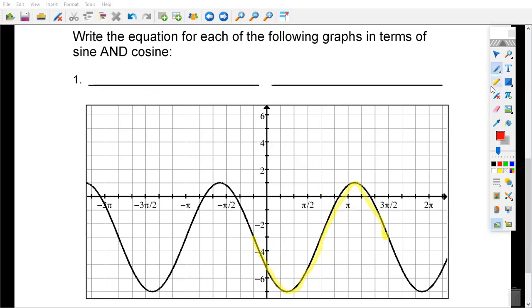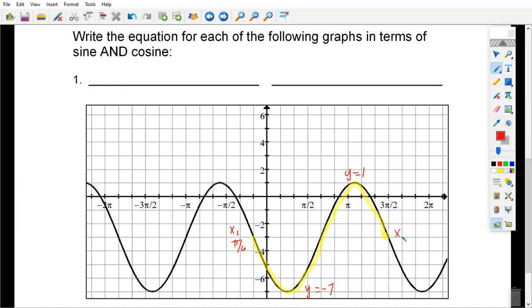Based on what I have here, I can identify all the things that I'm going to need. For this, my x1 is pi over 6. My minimum value is y equals -7. My maximum value is y equals 1.